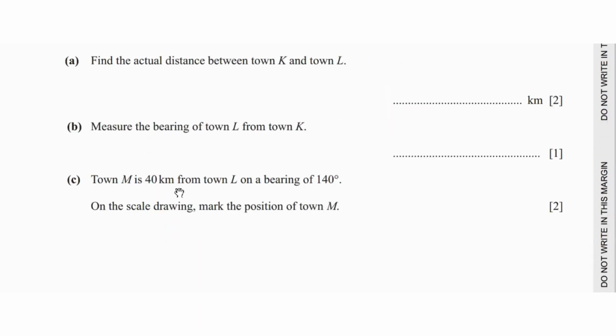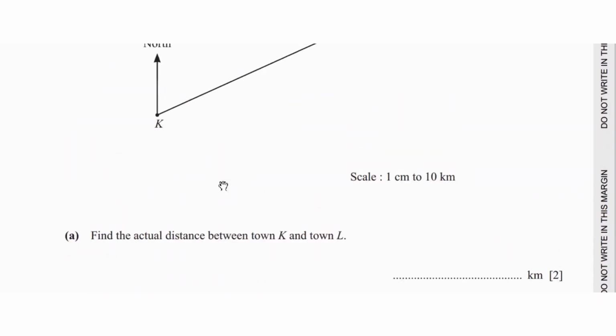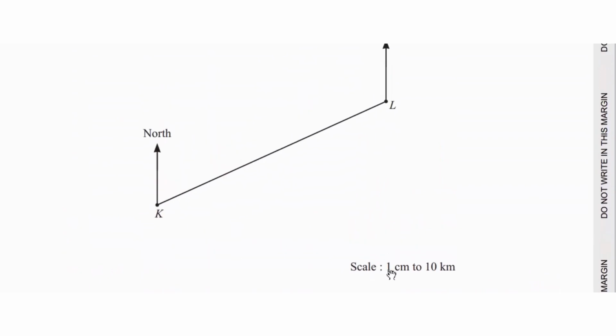Then it says town M is 40 kilometers from town L on a bearing of 140 degrees. On the scale drawing, mark the position of town M. So it's 40 kilometers and on a bearing of 140 degrees. We know 1 centimeter equals 10 kilometers, so that means 40 kilometers would equal 4 centimeters.